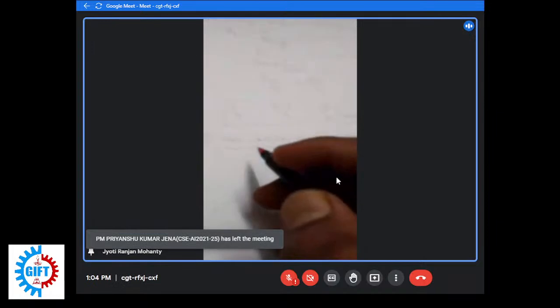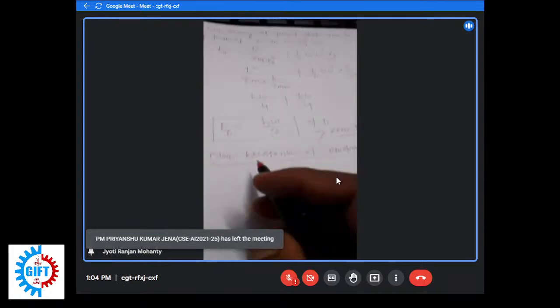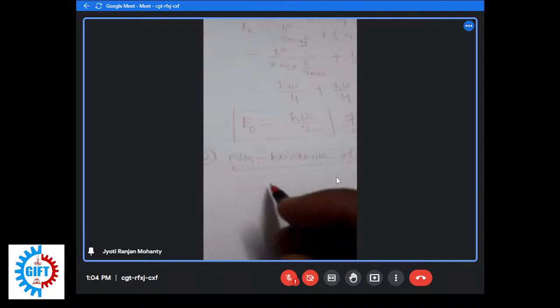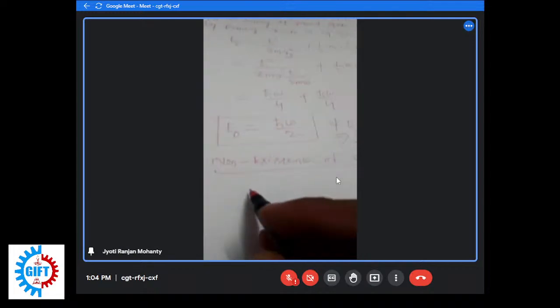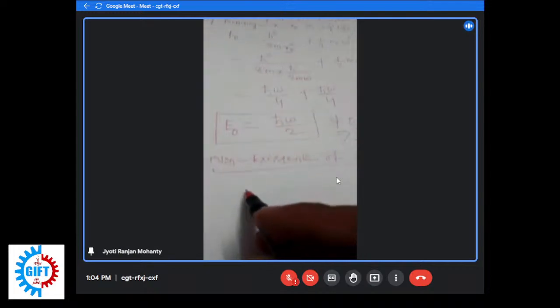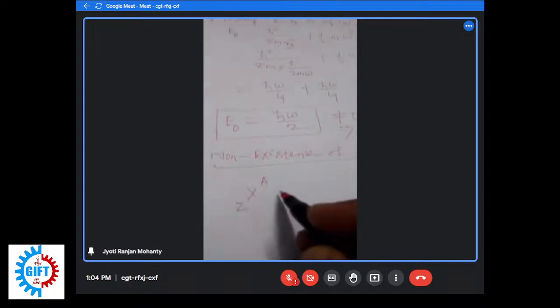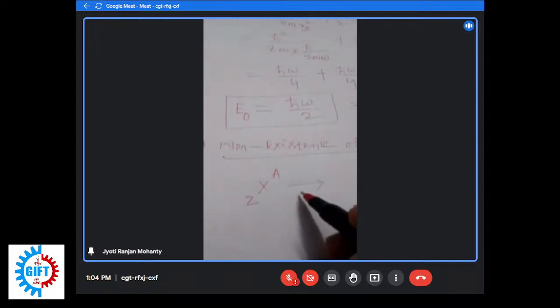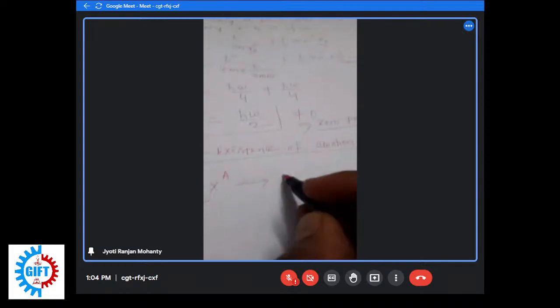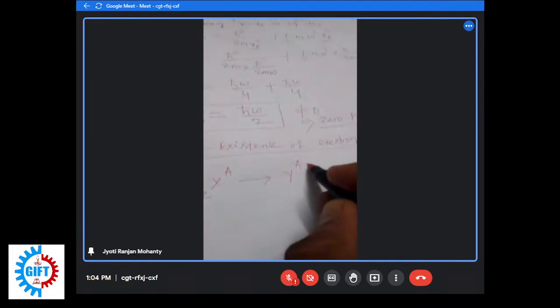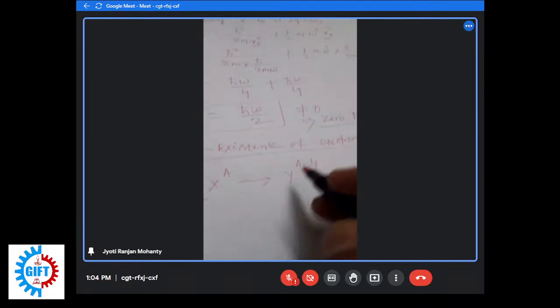But experimentally, it has been seen that in alpha decay and beta decay, look here, I am drawing the diagram. I am showing you alpha decay. This is A, Z, the parent nucleus. From the parent, we got the daughter.